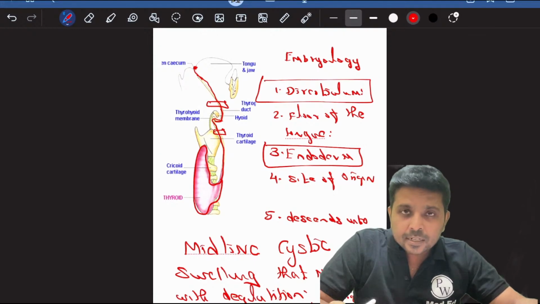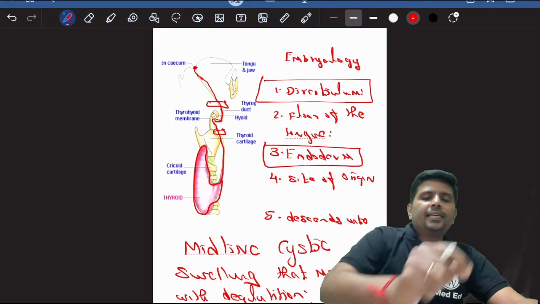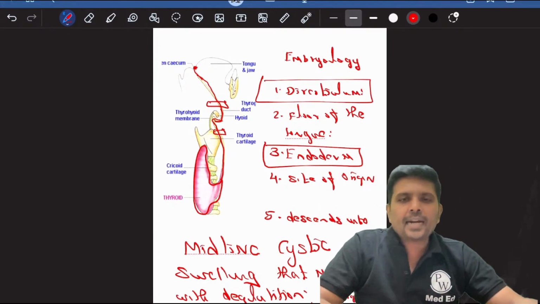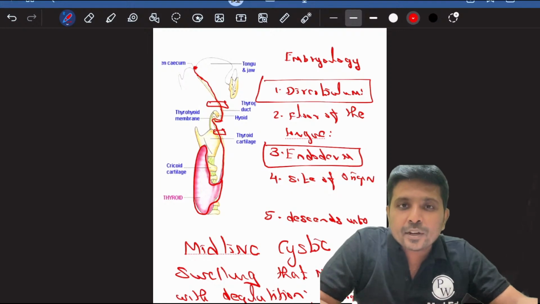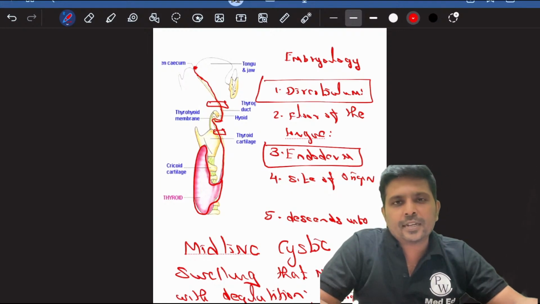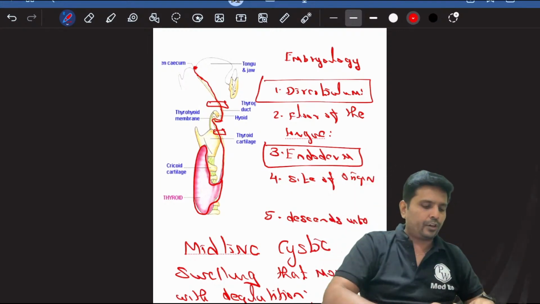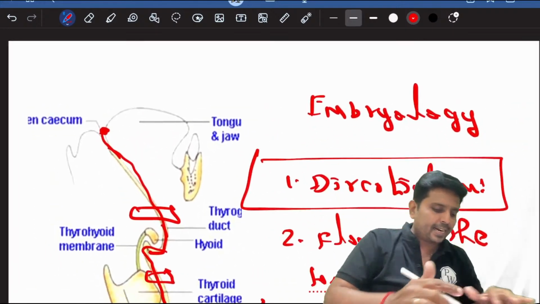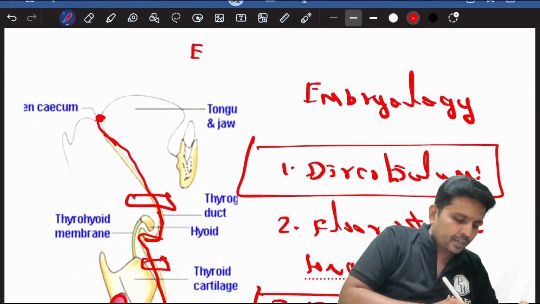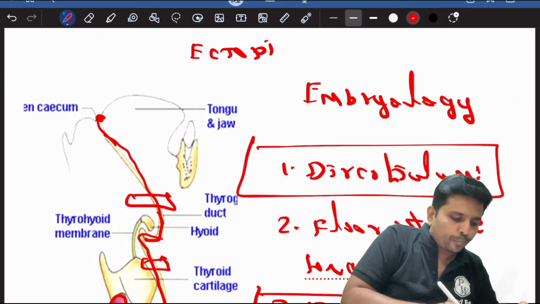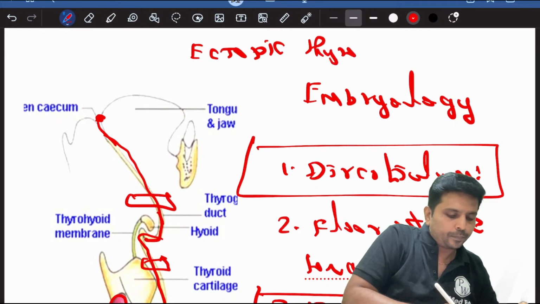Sometimes this diverticulum cannot reach the tracheal cartilage, and it forms something called an ectopic thyroid. So the second MCQ is, it can form an ectopic thyroid.